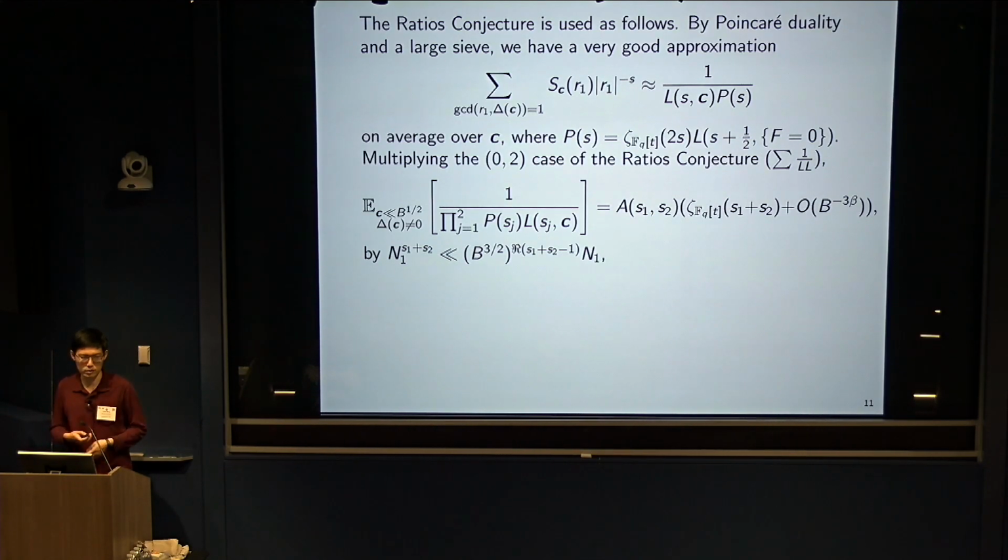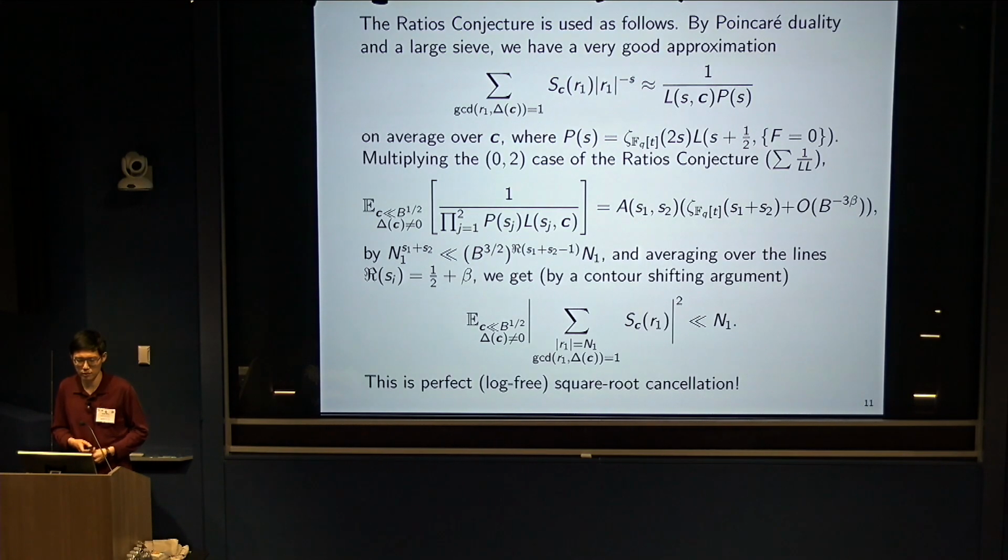So the point is we're interested not in the full L function, but just in some dyadic pieces of it. So if we multiply by n1 to the s1 plus s2, and then do some contour integral, where the real parts of s1 and s2 are 1/2 plus beta, then since n1 is at most b to the 3/2, eventually you get, by contour shifting, that the contour shifting will kill the zeta factor when you shift s2 to 1 plus minus s1.